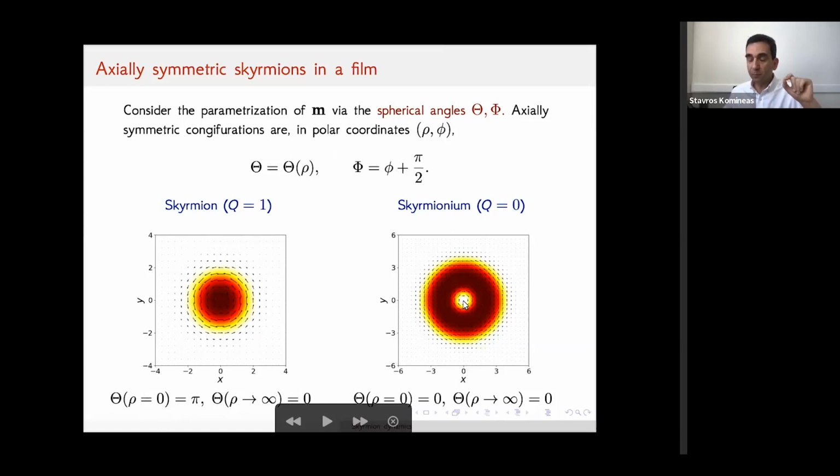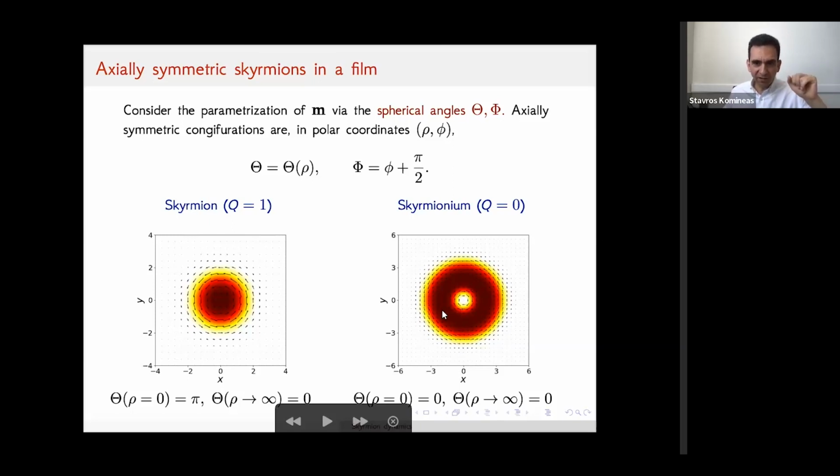In the center the vector points to the north pole. Then you go out, here it points to the equator of the sphere, here it points to the south pole, this red region, but then again turns around and points to the north pole. This is axially symmetric again, because wherever you look in all radial directions, you see the same thing. But we would call this the skyrmionium.